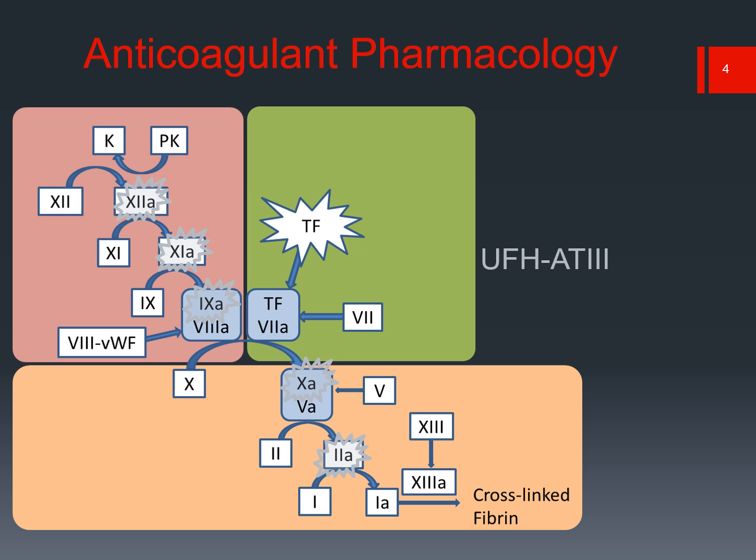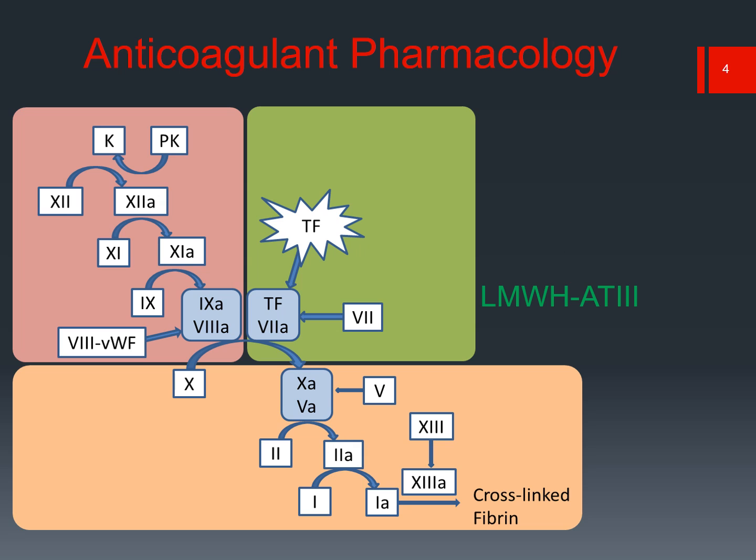So here we see factors 2A and 10A, which are at the bottom of the cascade, are blocked by unfractionated heparin, potentiating the activity of antithrombin 3. That can also affect the other factors within the intrinsic pathway, but most physicians and honestly most pharmacists will really only recall that unfractionated heparin is blocking factors 10A and 2A through the antithrombin 3 potentiation.